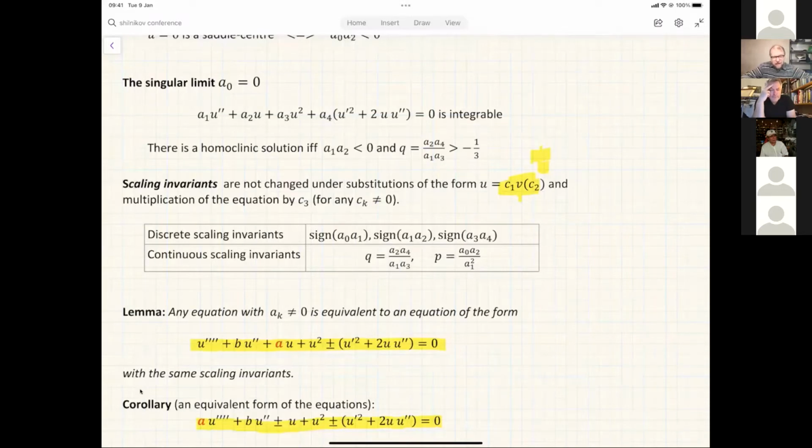It's equivalent to the equation where A is in front of U, and in this form that corresponds to a bifurcation problem, a problem where one of the eigenvalues of the linearized equation converges to 0. So we see that in this problem, a bifurcation problem is equivalent to a singularly perturbed problem.